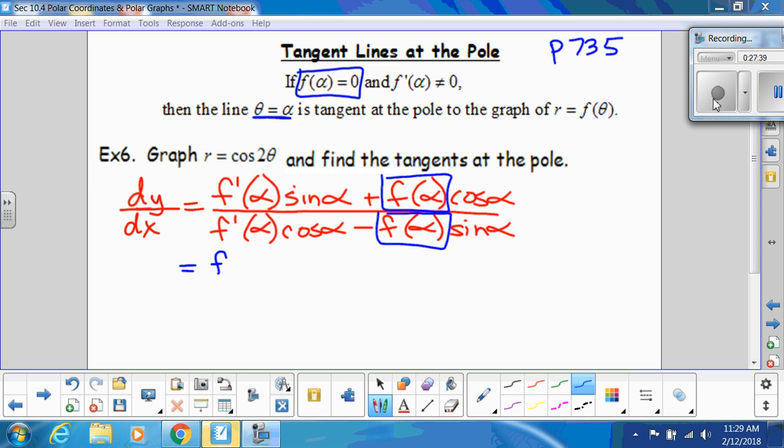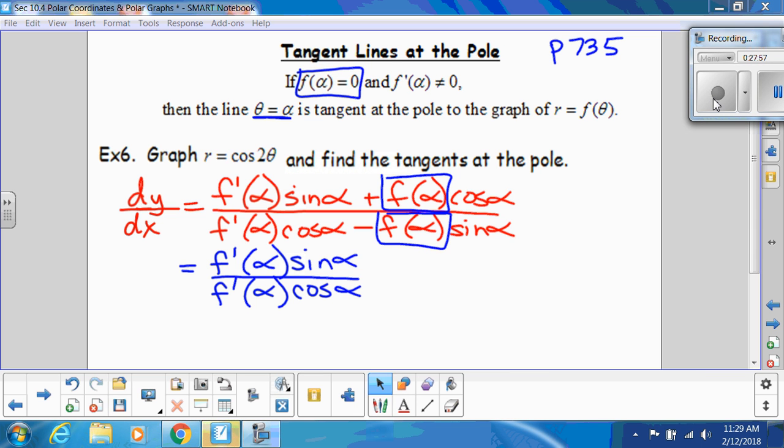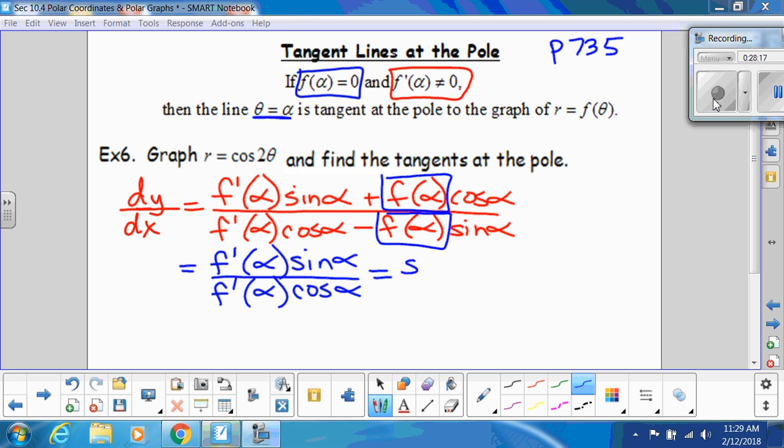So when that happens, we have f prime of alpha sine of alpha over f prime of alpha cosine of alpha. As long as f prime of alpha is not equal to 0, because we don't want zeros here. If we did, we would have some indeterminate thing going on. Keep in mind, these are occurring at the poles. The f primes would cancel, and I would just have sine of alpha over cosine of alpha.